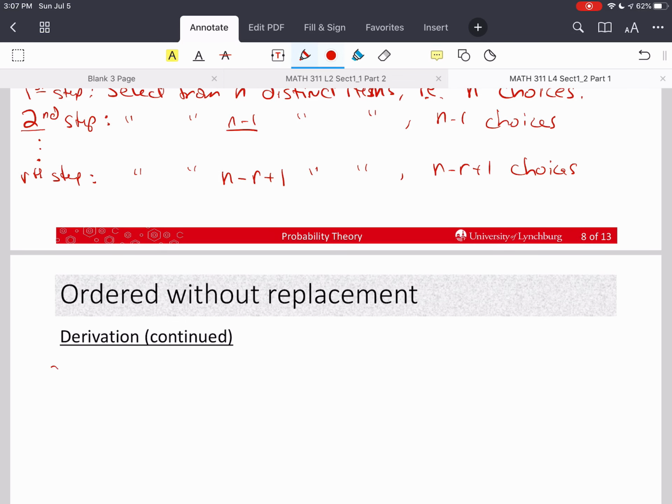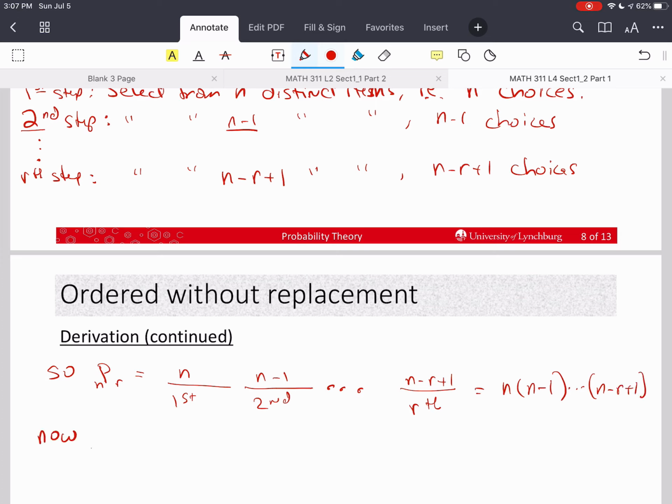So in NPR, we can write this as the first, the second, and the rth. And so we've already said we had N minus 1, all the way to N minus R plus 1.